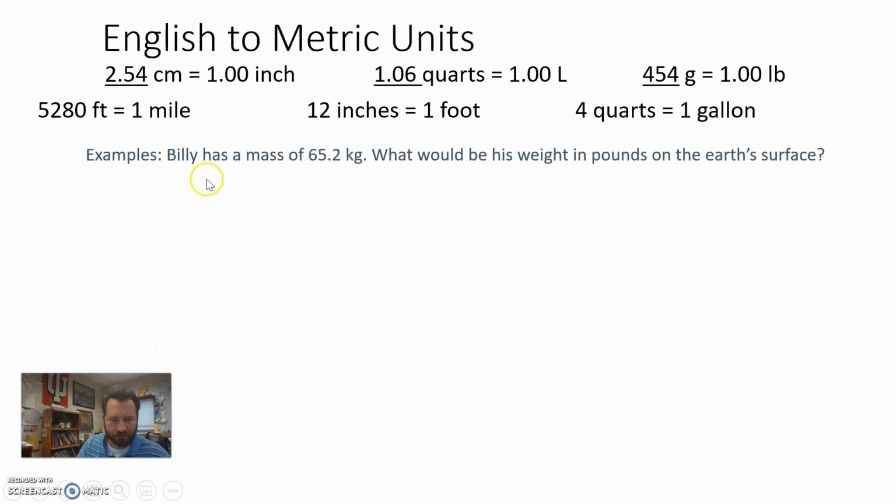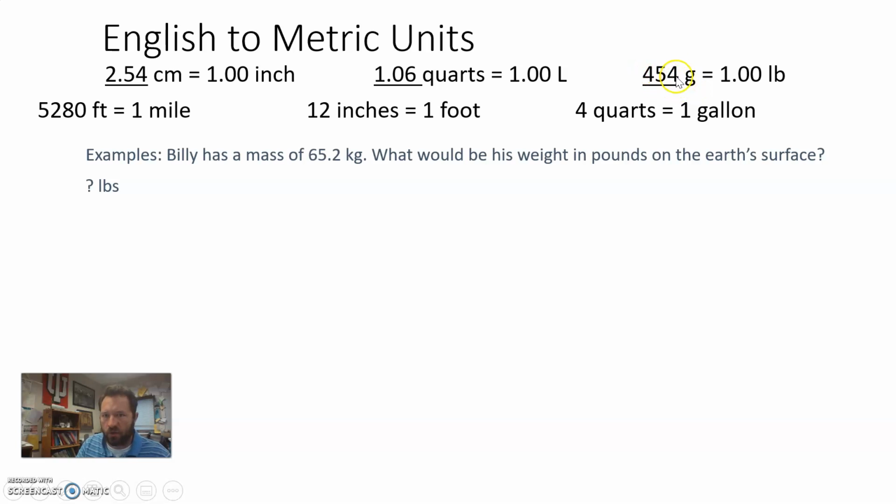So first question here, Billy has a mass of 65.2 kilograms. What would his weight be in pounds on Earth's surface? Okay, interesting question. So we're looking for pounds. Right here, 1.00 pounds is equal to 454 grams.